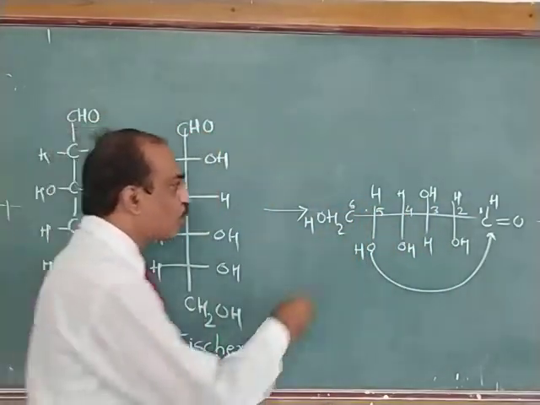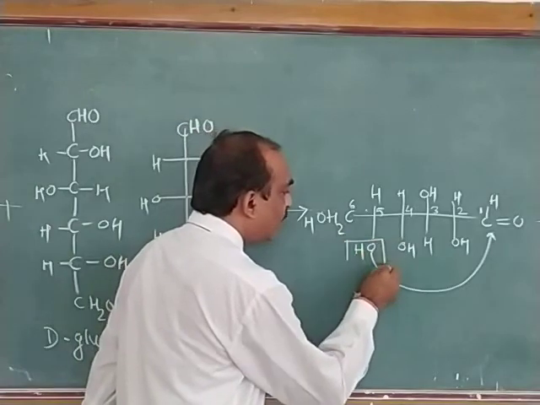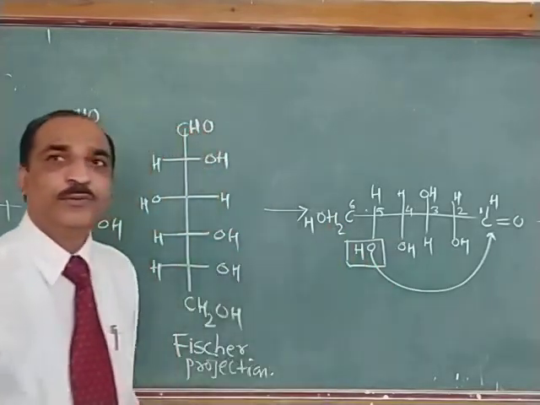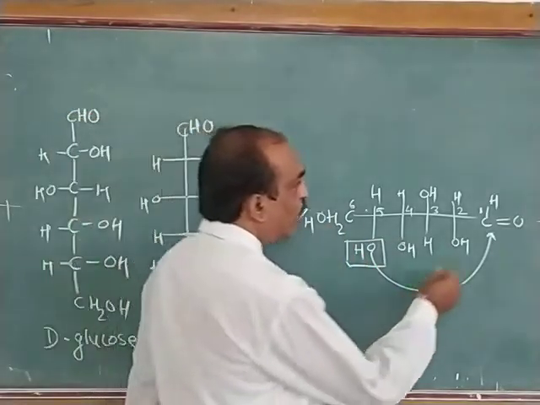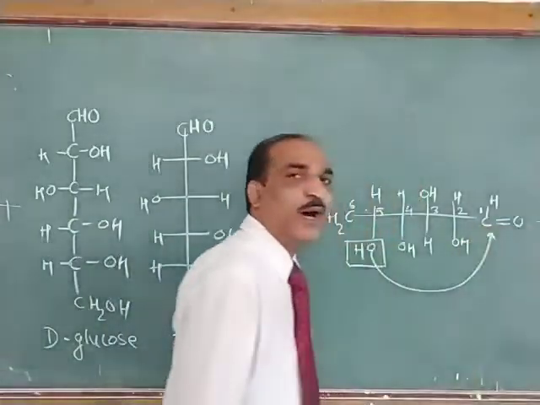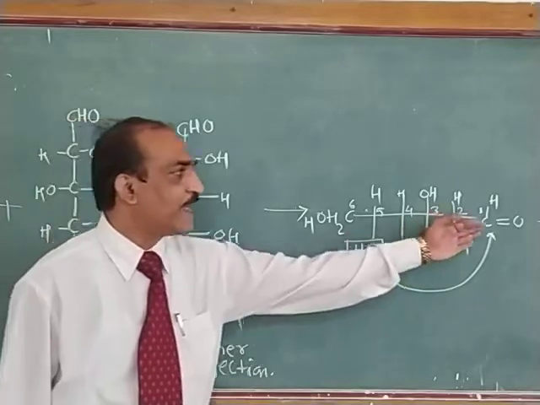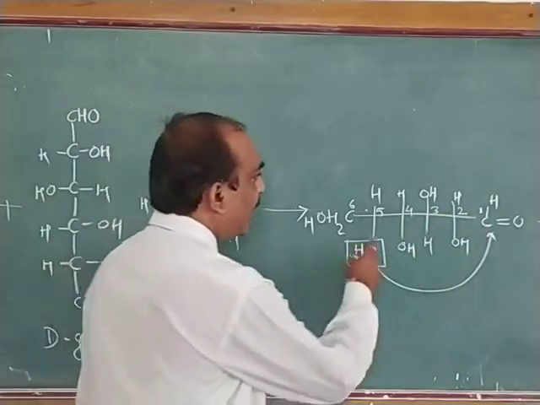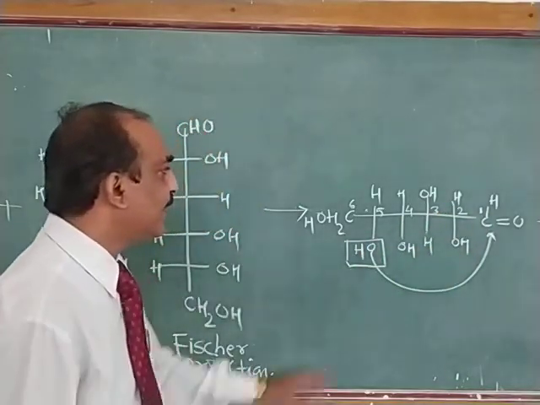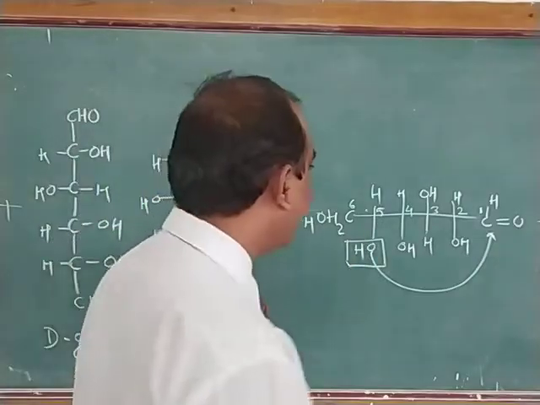The hydroxy group present on carbon number 5 attacks carbon number 1, that is the aldehyde carbon, the formyl carbon. So what happens? It gets cyclized.